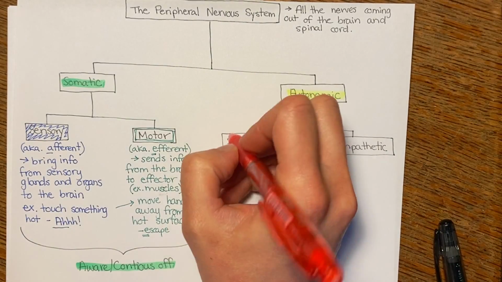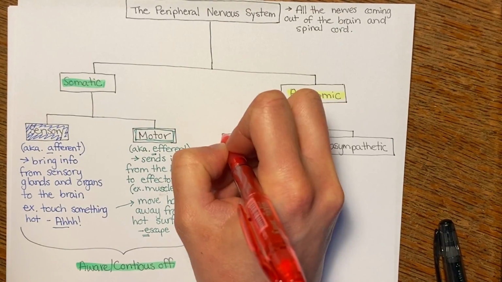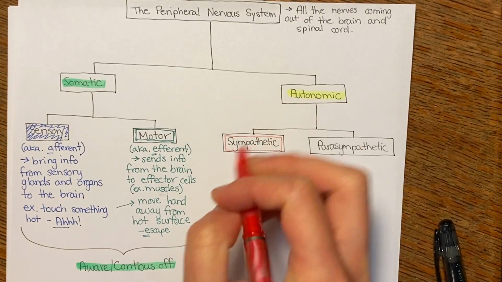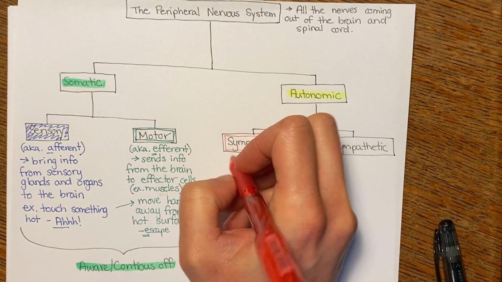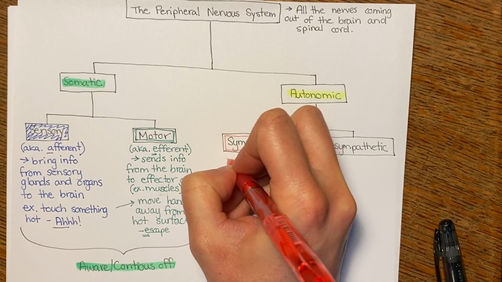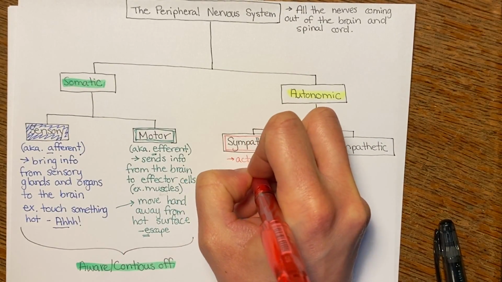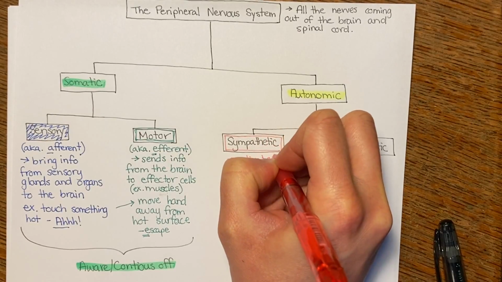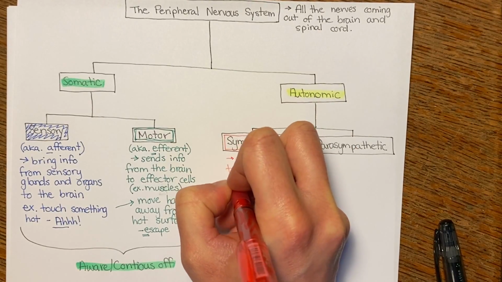So the sympathetic nervous system will be in red here. This is something that's activated in times of stress.